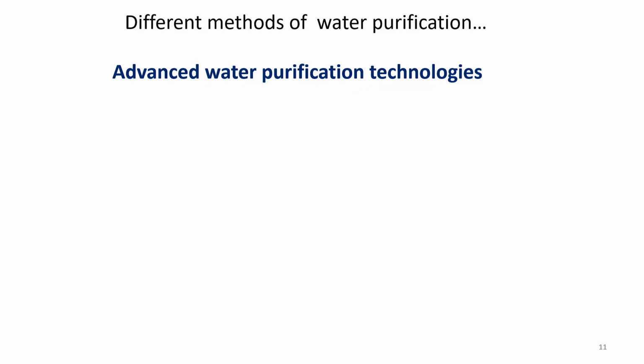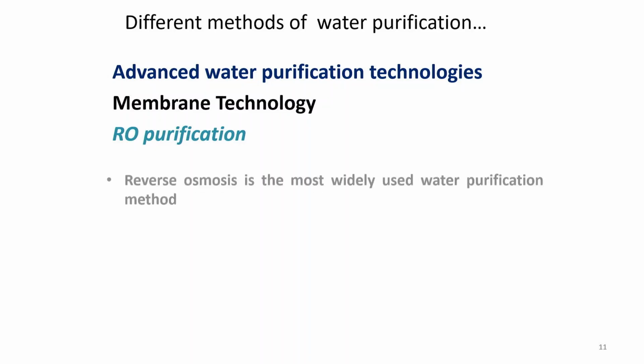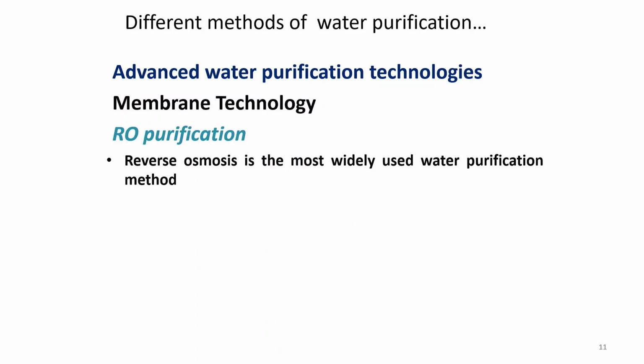Now, coming to the advanced water purification technologies, membrane technologies are very widely used. First is the RO purification. RO means reverse osmosis, which is most widely used in water filters.